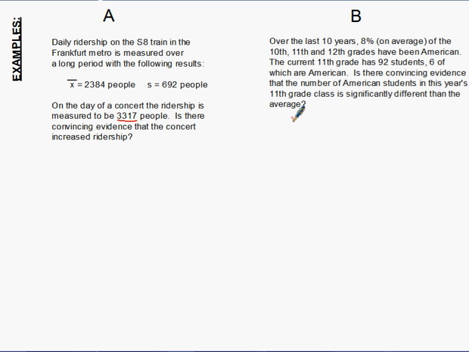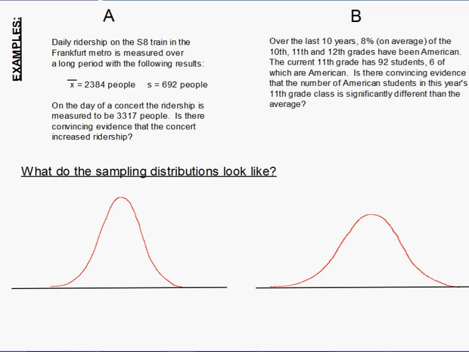So the difference between one-tail and two-tail is how the question is asked. Let's look at the sampling distributions for both. They're both going to be either a Z or T distribution. And if we look at where the centers are, we know that the center of the sampling distribution is the population mean.